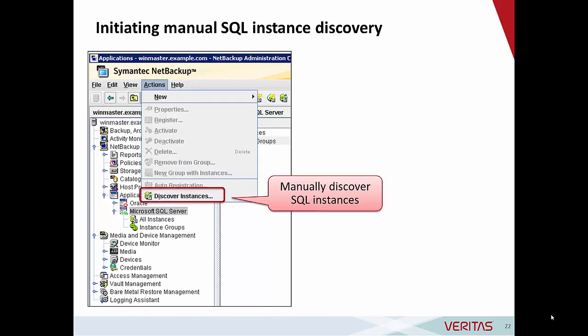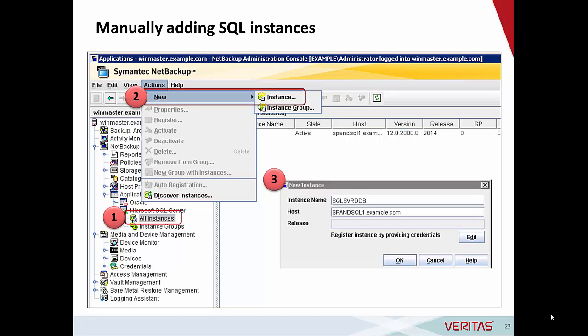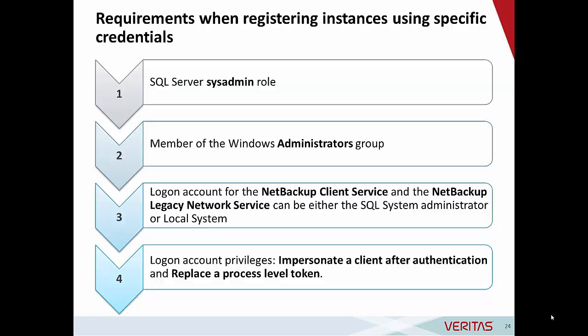If it was not possible to automatically discover SQL Server instances, manual instance discovery is possible. With the Microsoft SQL Server node selected, I go to Actions and then Discover Interfaces. I can also manually add SQL instances by going to Actions, New, and then Instance, and providing the details about the database instance I wish to add.